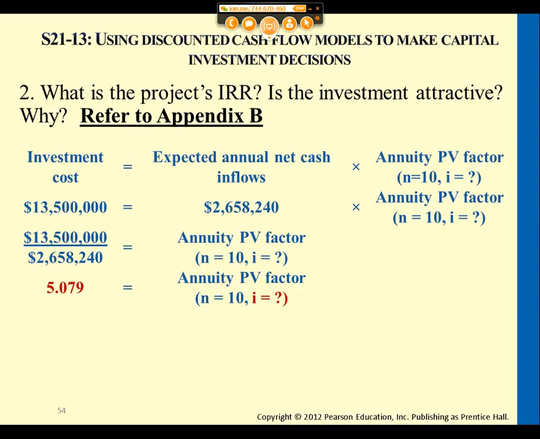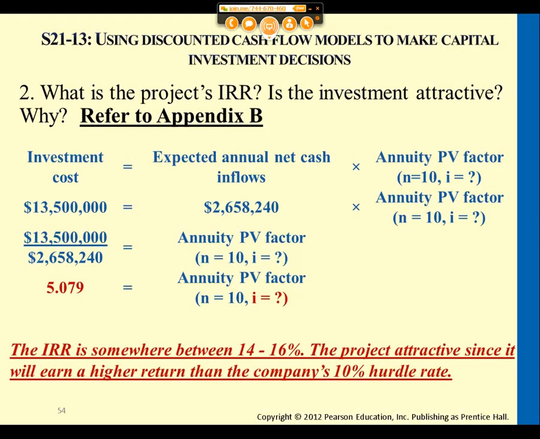What I'm going to do, I divide my investment cost by my expected annual net cash inflow. And now I see this annuity PV factor. Right? What I'm going to do, I'll go to my table and I'll see, okay, what is this rate?